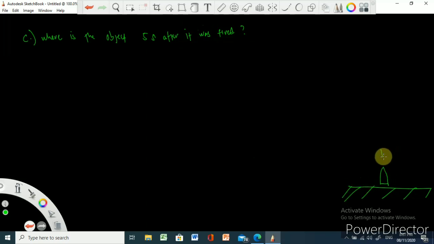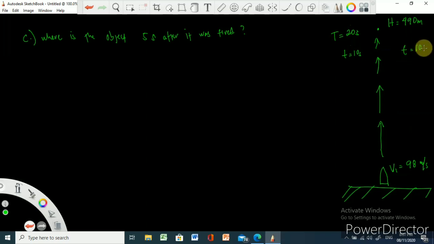We already solved the highest point, which is around 490 meters. We also solved the initial velocity, which is 98 meters per second. We established that the total time is 20 seconds, so 10 seconds for the half time of flight, then another 10 seconds for it to go back down to the ground.